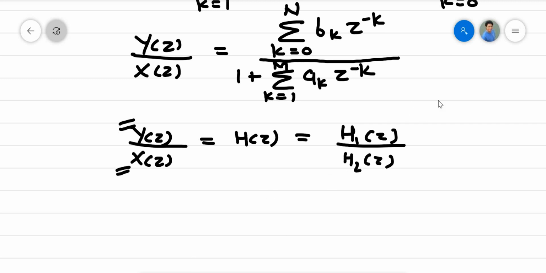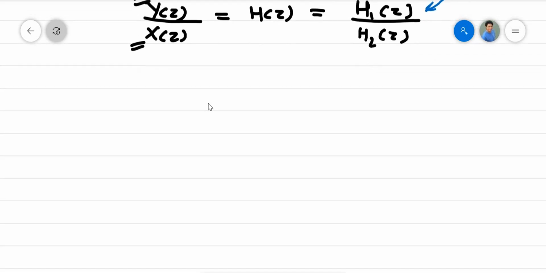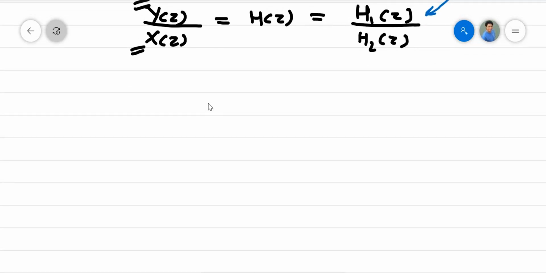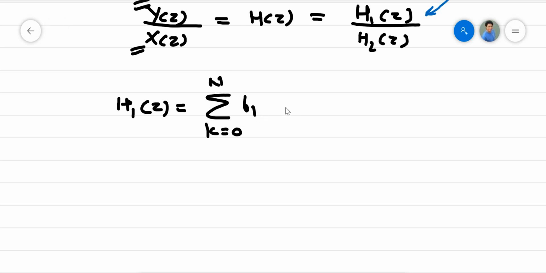Comparing these two equations, we get H1(z) equal to summation of k equals 0 to N b_k z to the power minus k.